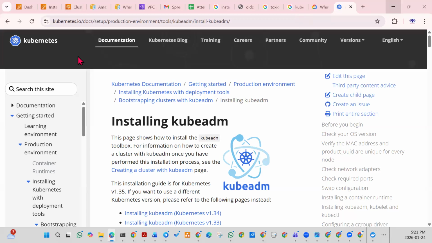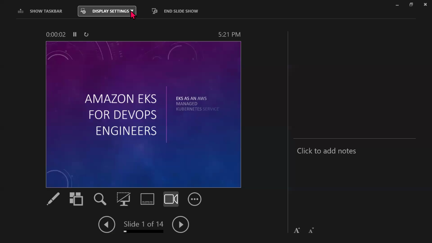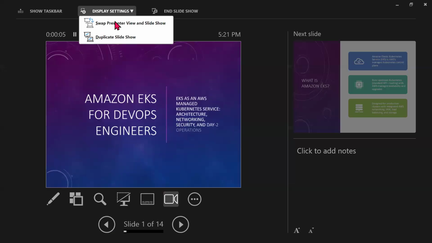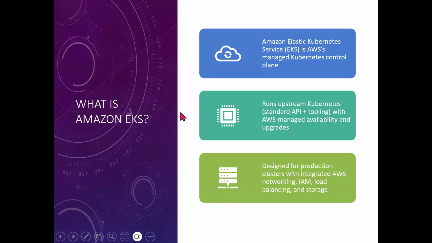So now let's look at the EKS cluster. I think this is where we're going to end today, and then tomorrow we're going to create one using Terraform, which makes sense. EKS is an AWS managed Kubernetes service, so look at the architecture, networking, security, and operations.